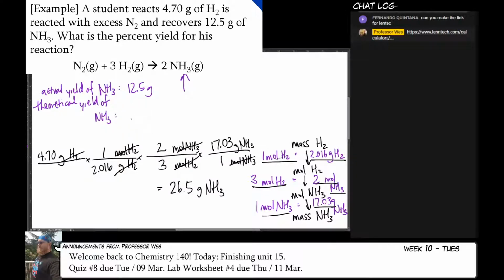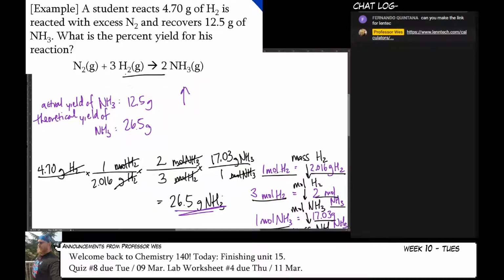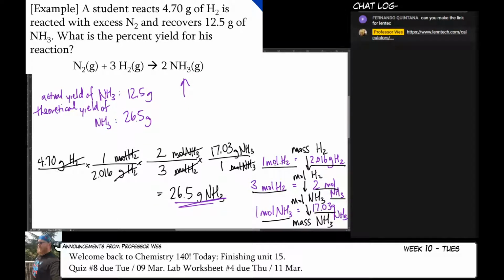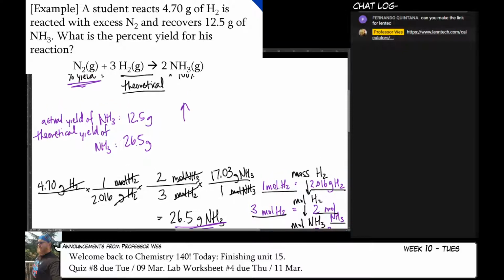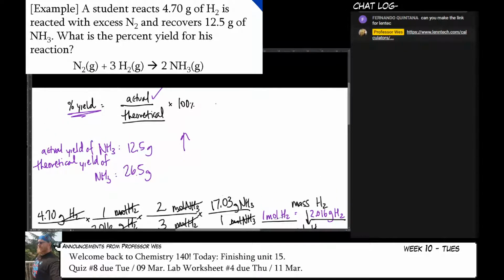So now I can come up here and report that the theoretical yield of ammonia was 26.5, because that's what we calculated. So now we'll scroll back up to the top and we'll compute the percent yield. So the actual yield, what we really got, was 12.5 grams. What we were supposed to get in theory was 26.5 grams. Those cancel. Times 100%.